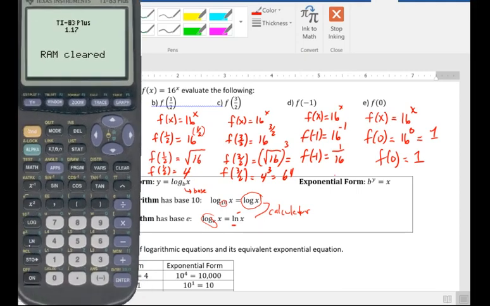And then the natural log is this ln key. So if we wanted to find the log of 4, we would enter it. And that would have base 10. If you want to find the natural log, then we would press natural log of 4. And that has base e.